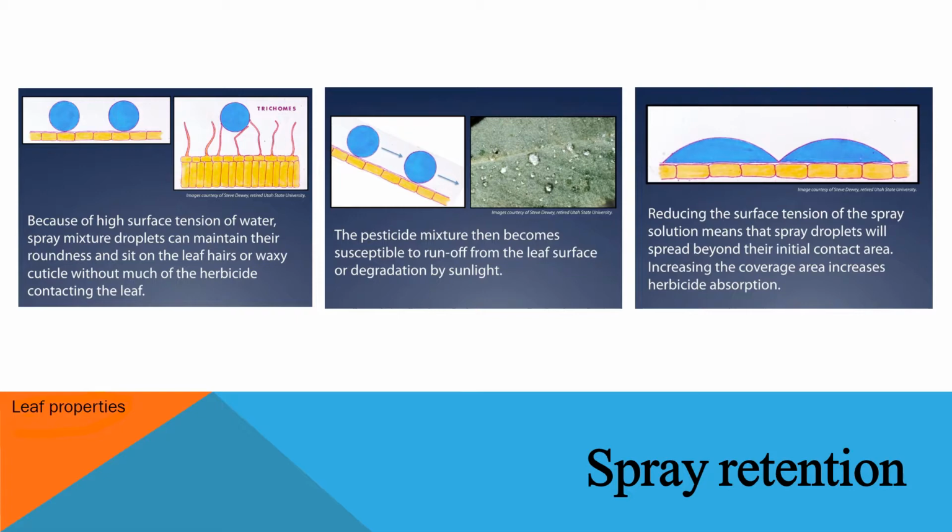Herbicide molecules are most likely to contact and remain on the broadleaves of dicots than on grass leaves, which are often disposed perpendicular to the soil surface.